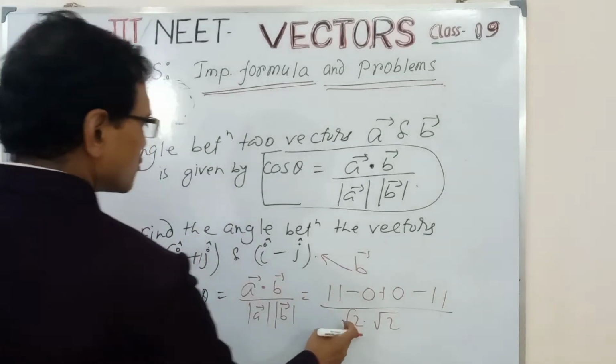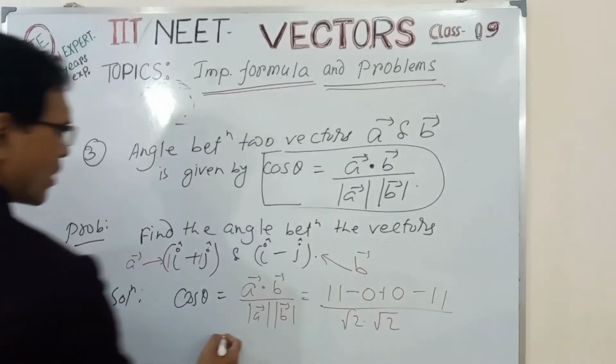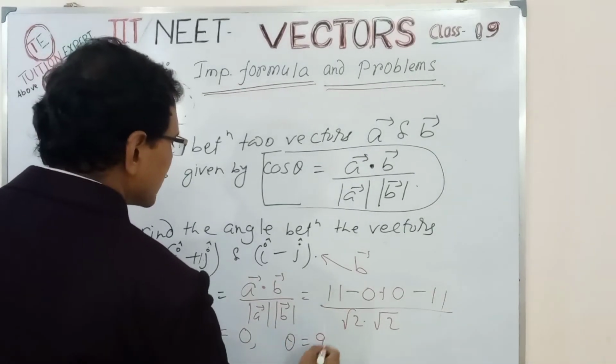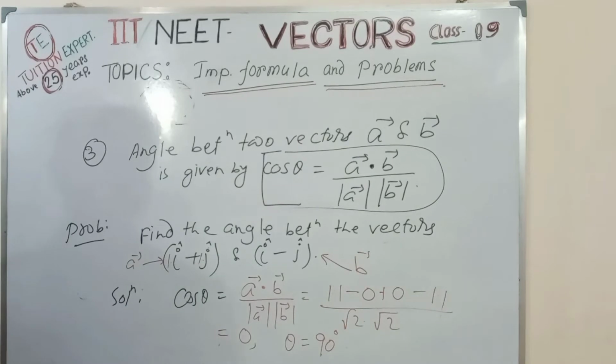So mod A equal to root 2, mod B equal to root 2, and the numerator is 1 minus 1, 0. So theta equal to 90 degree. This is the answer. So to find the angle between two vectors, we use this, the fourth formula.